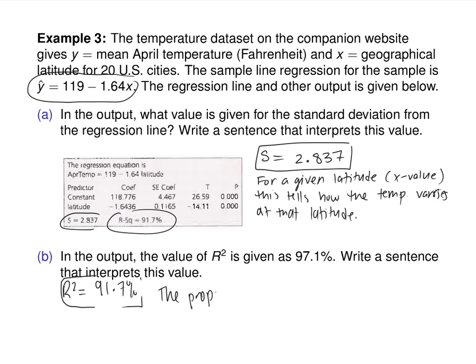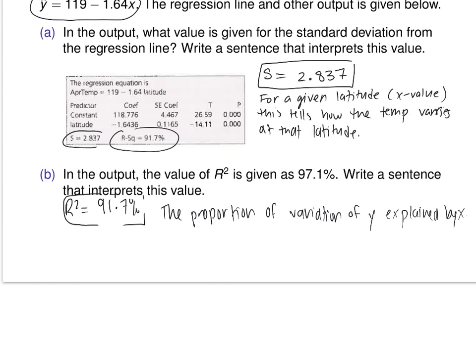So the proportion of variation of Y explained by X, and I'd like you to actually fill in what Y and X are. So would that be variation of temperature explained by latitude?